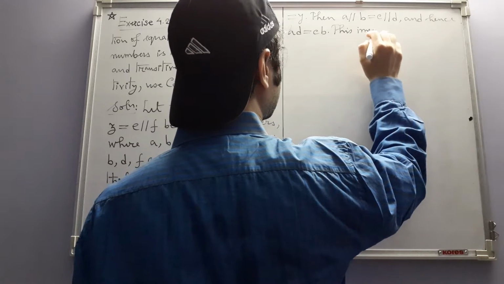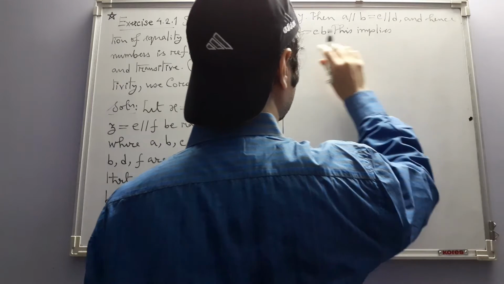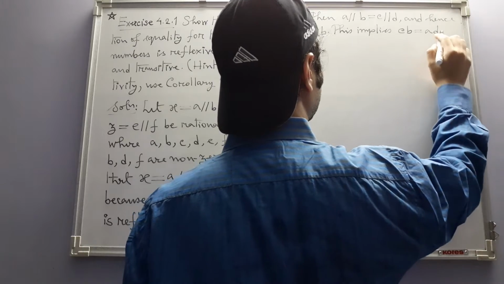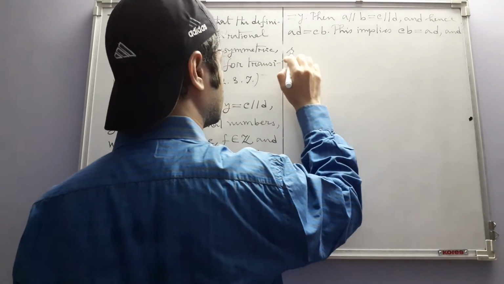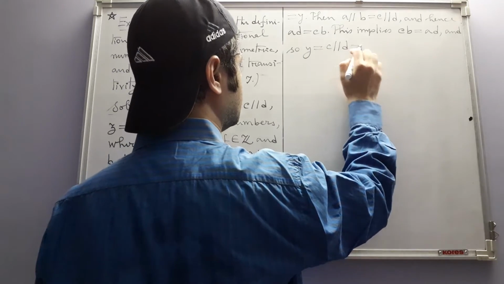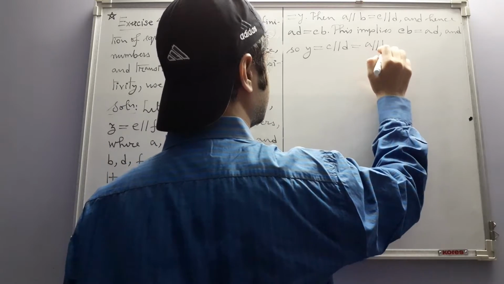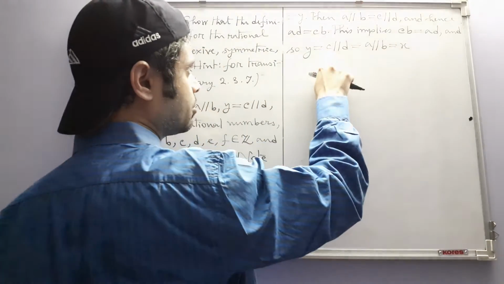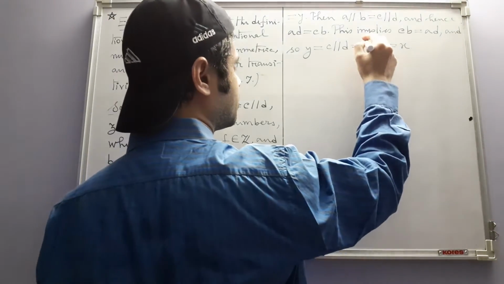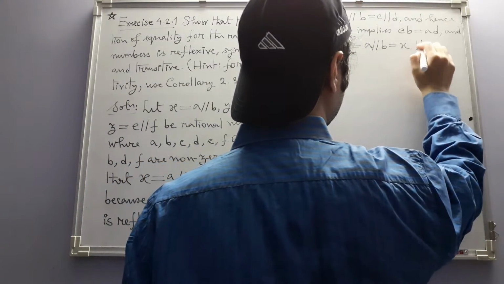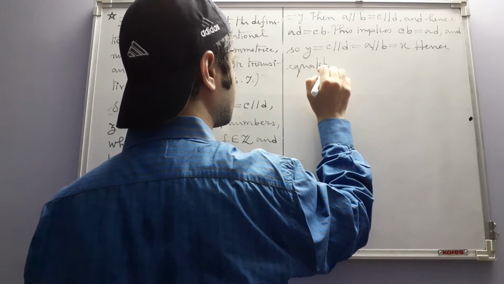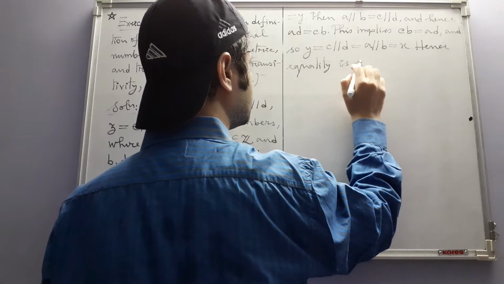This implies this equation can also be written like this: cb is equal to ad, and so y is equal to c by d, that is equal to a by b, that is x, because here we need cb is equal to ad. Hence equality is symmetric.